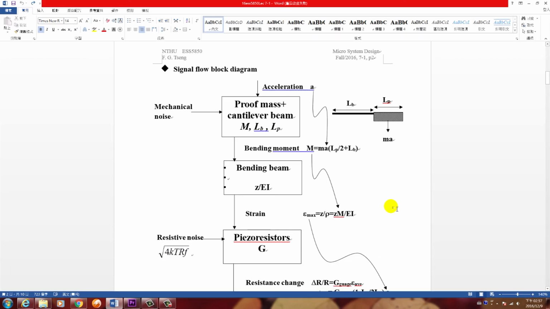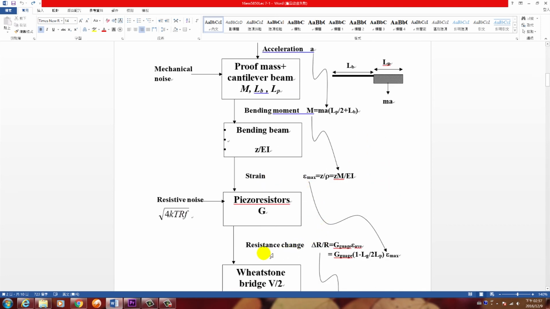You have a force here. You have a bending moment. The bending moment gives you displacement, and the strain will be found at the base and also at the outer surface. So you get the strain here. Now we are going to transfer the strain into the resistance difference for the final measurement.